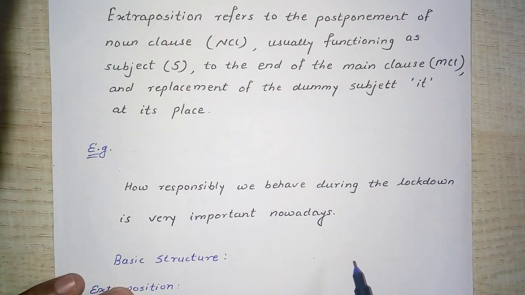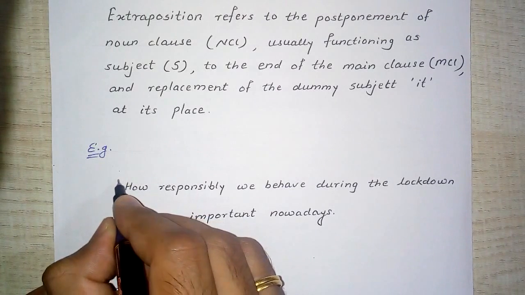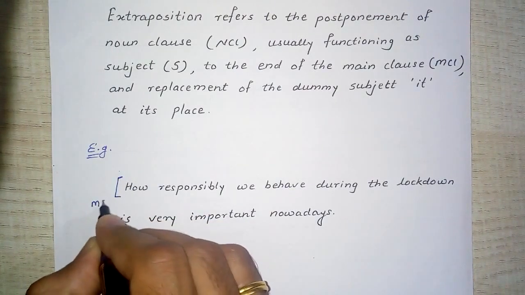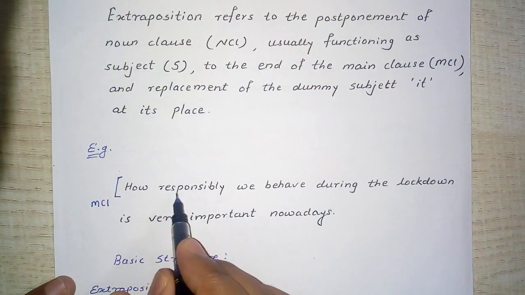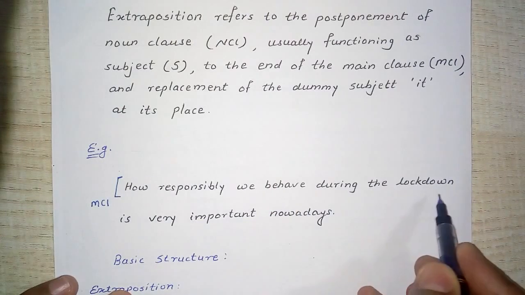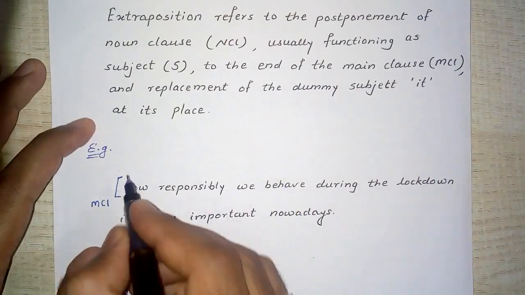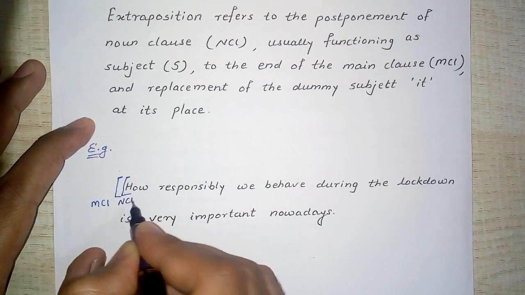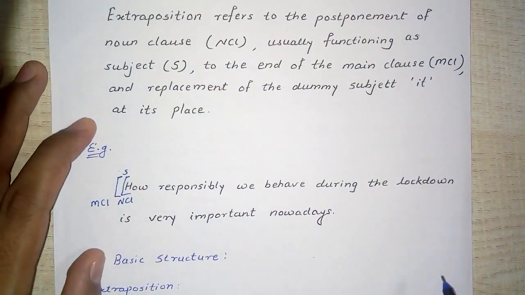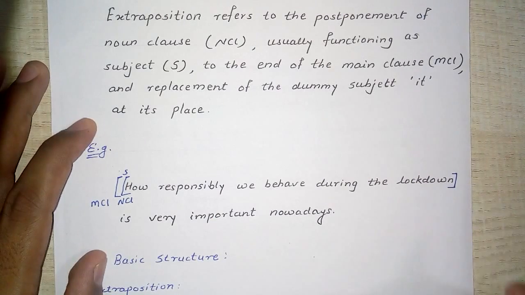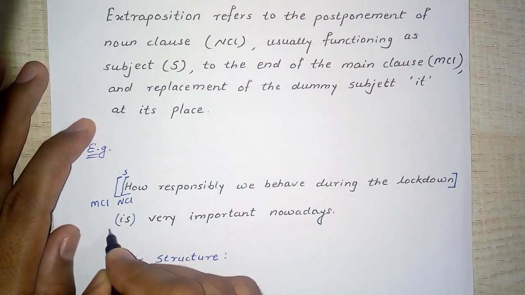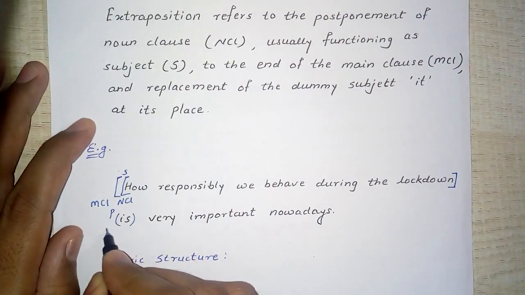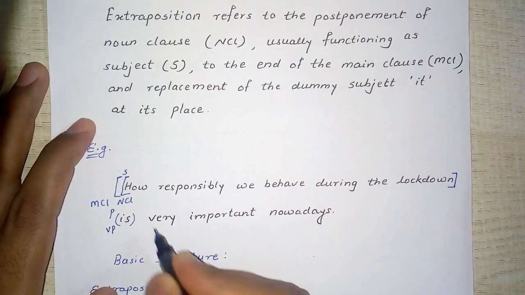Now let us give form and function labels to the clauses and phrases this complex sentence contains. It's a main clause. How responsibly we behave during the lockdown is actually a subordinate clause, and it is a noun clause and it functions as subject. Is is predicator, verb phrase.